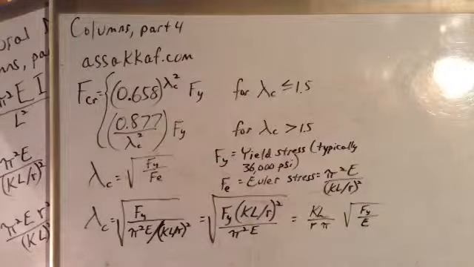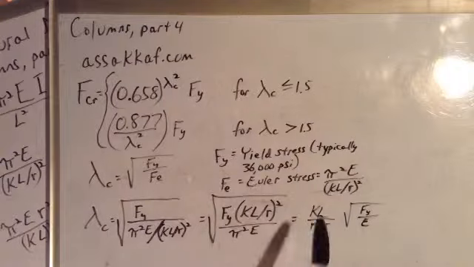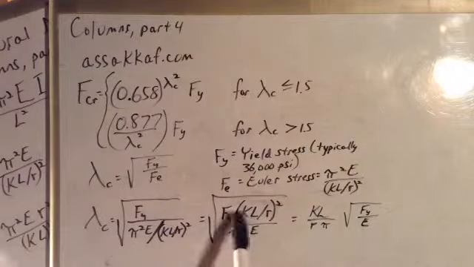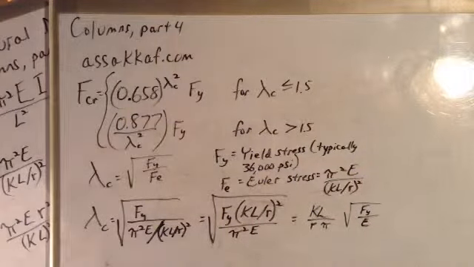We learned earlier in this lesson that K, the end condition factor, is 0.5 for a fixed column, 0.7 for fixed pinned, 1.0 for pinned, and 2.0 for a column with one end free.